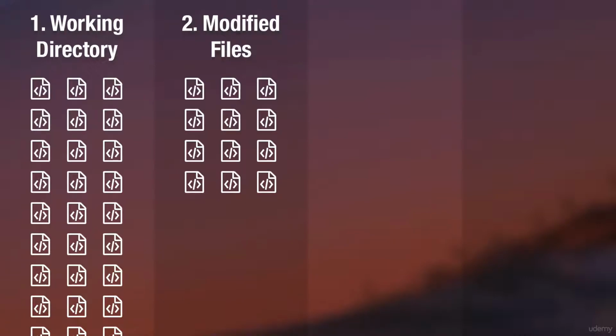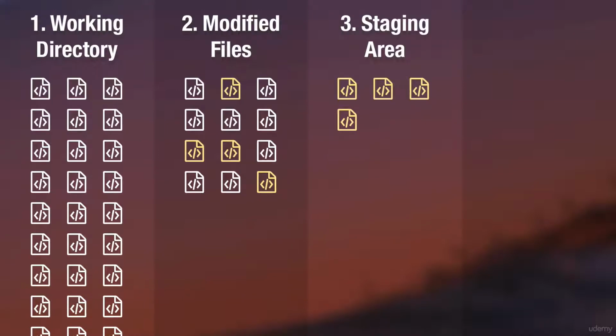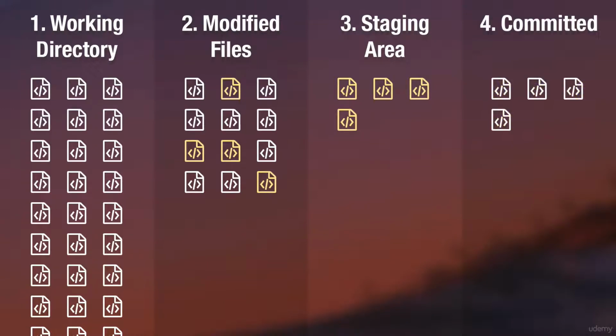Whatever the case, the point is that we don't always just want to push every change we've made into a commit. So staging is our chance to say, you know what? I don't want all of these. I only want this file, this file, this file, and this file. Those get moved into the staging area. I take a second to review what I've staged. I'm happy with it, so I commit those staged files.